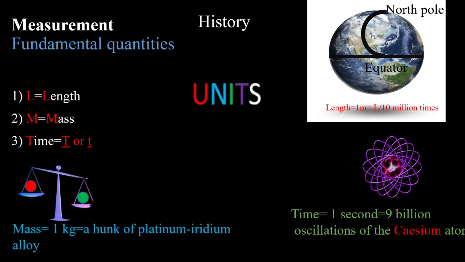And for the mass, the story is a little bit different. Before 2018, there was a piece of platinum iridium in a lab, and they took a measurement of the mass of this chunk, and said that's going to be the standard mass.